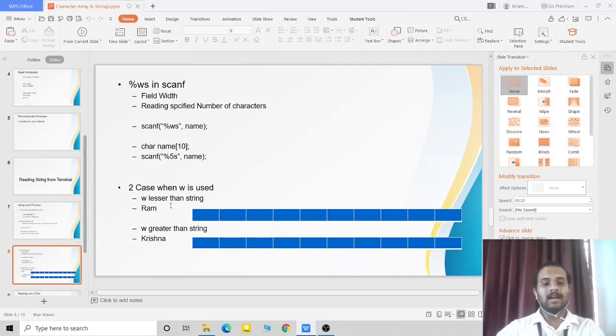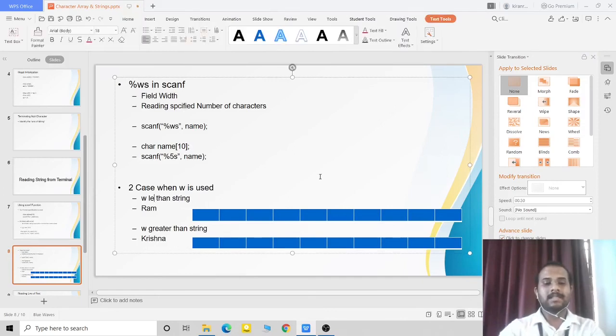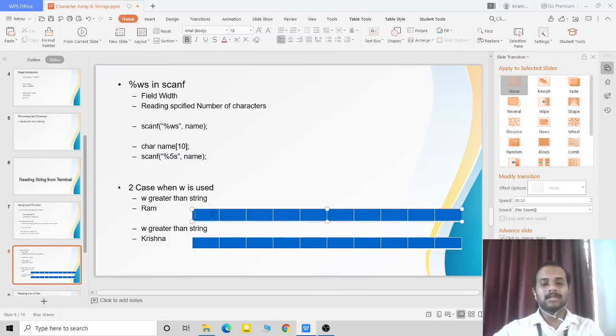First, let us consider where W is greater. That is, the field width is greater, and I am only trying to insert RAM now. So at that time R A M will get inserted, and that is the end of the string, right? So I'll be having here slash 0, and while coming to here, nothing will be present here.